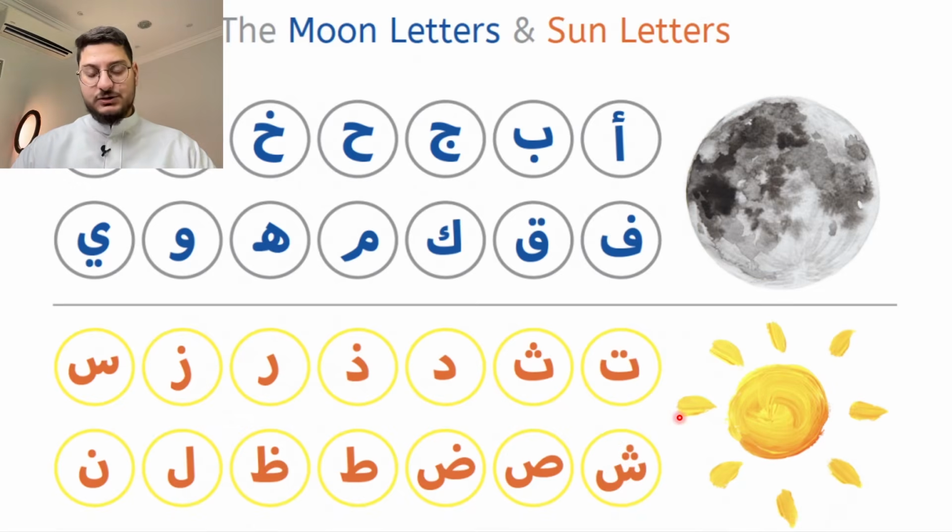The sun letters on the other side require the usage of the tip of the tongue. So try to pronounce ta, and notice where the tip of your tongue is going. Ta, it's going up, right? Tha, the tip of the tongue is going between your teeth. Da, again, it's going up. So the sun letters require usage of the tip of the tongue.